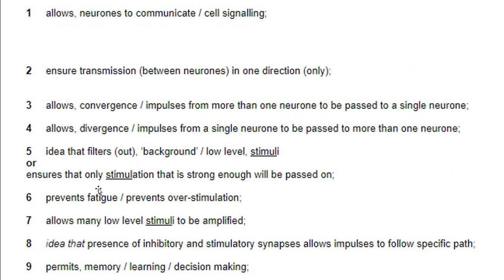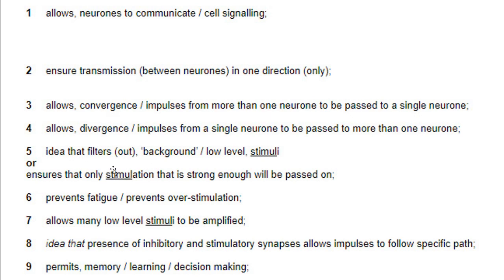Okay, so it allows this idea of cell signalling, it allows communication, that's a role. It ensures it's unidirectional, so it's one direction that it can only go. It allows this convergence and divergence, this idea of spatial summation. It allows more than one neuron to be passed through a single one, and it allows one to be passed through multiple neurons, as we explained before around temporal and spatial summation.